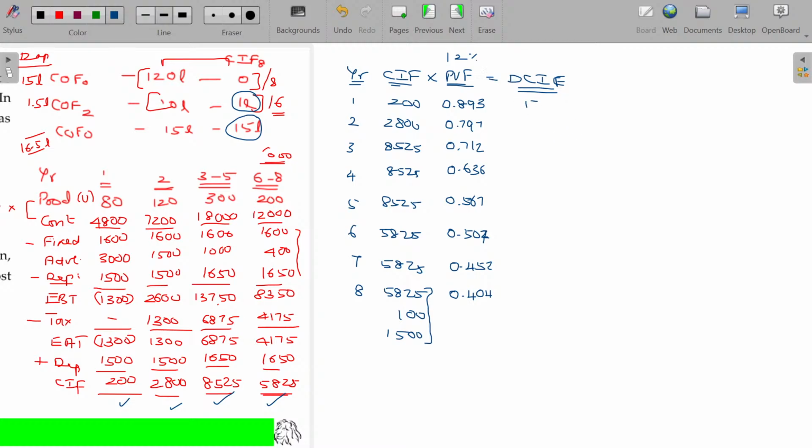Very first case 178.60, second case 2231.6, third one 6069.8, fourth 5421.9, fifth 4833.8, 0.675 and 2953.275, then here 2632.9.